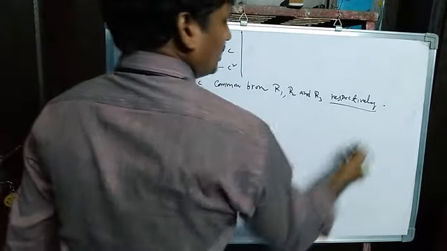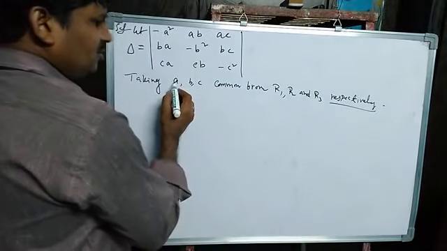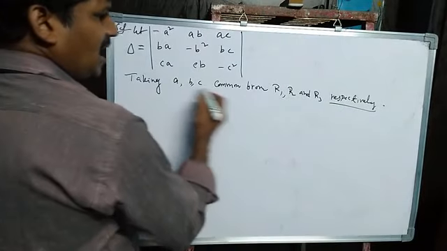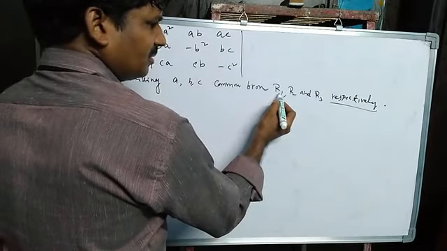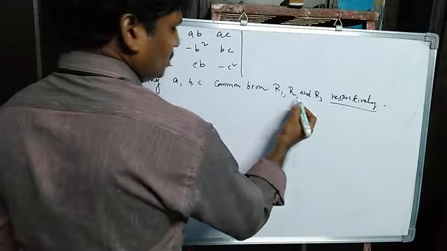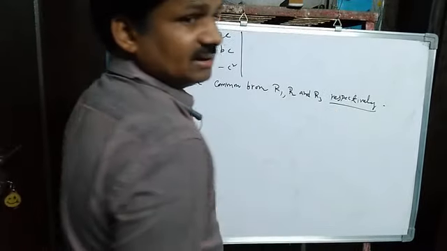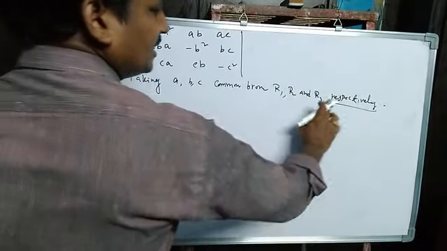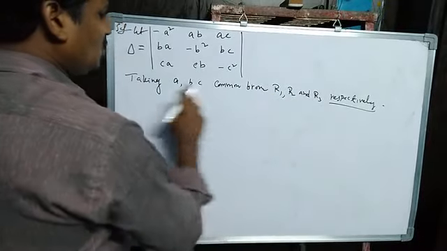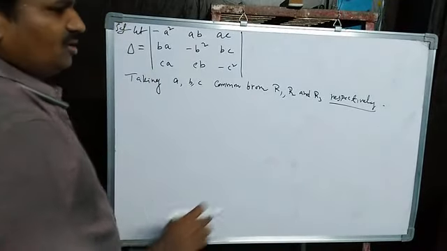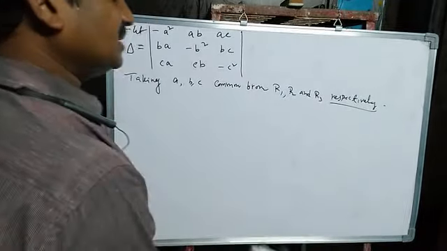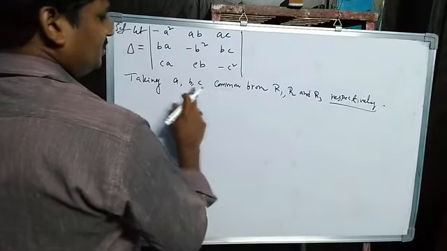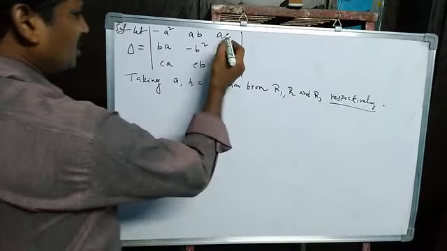Compulsorily you have to write this word. Why? Because what is the meaning of this? A I am taking common from R1, B from R2, C from R3. If you do not write respectively, we don't know from which row which element you are taking common. Whenever you write respectively, it is A from R1, B from R2, C from R3. Just take out common A here.